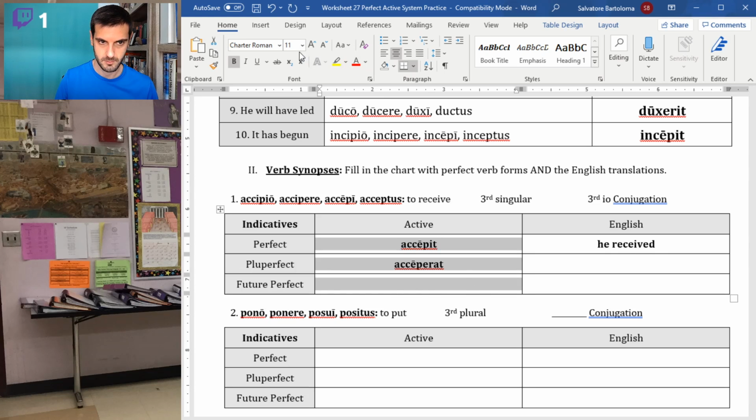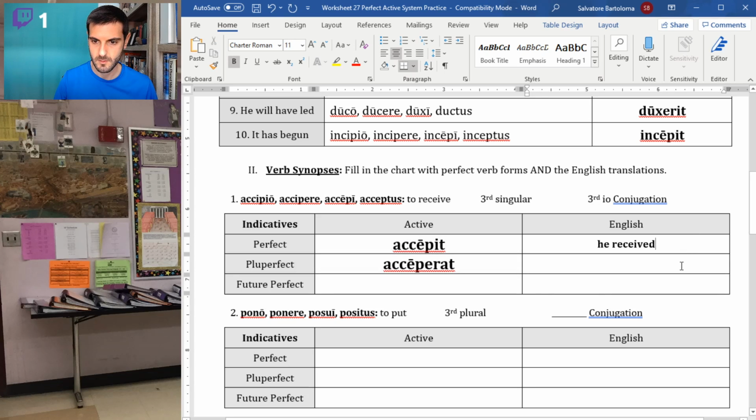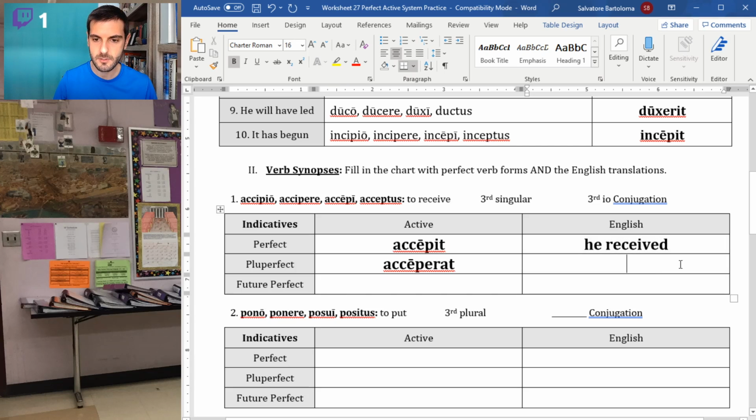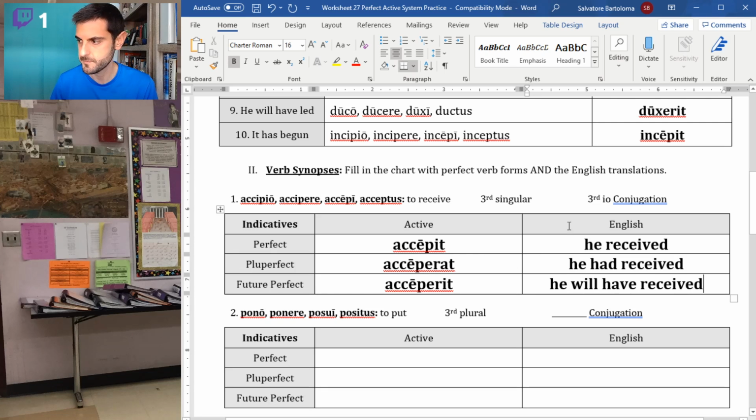I can make these a little easier to see as well. So acceperat, he received, becomes he had received, and then future perfect, accepereit, he will have received.